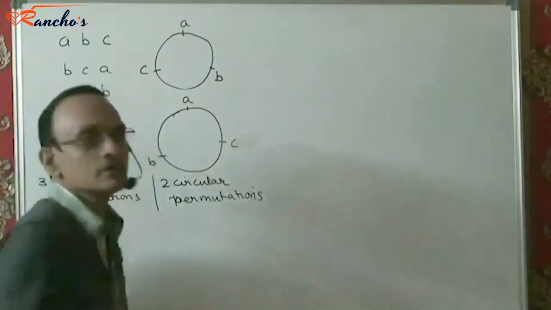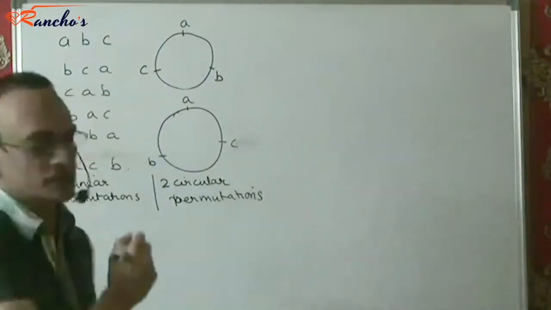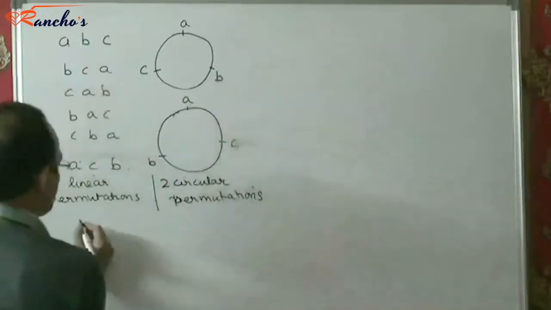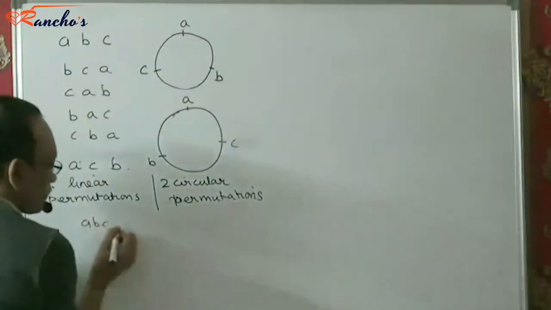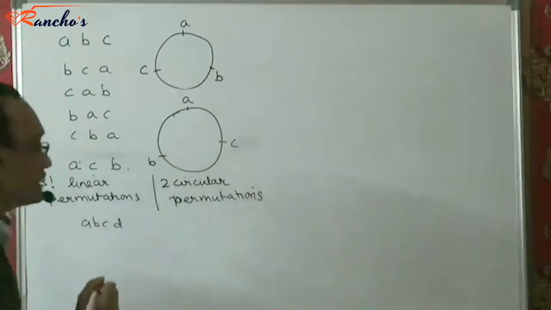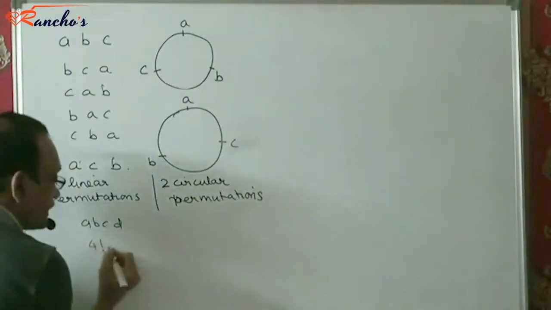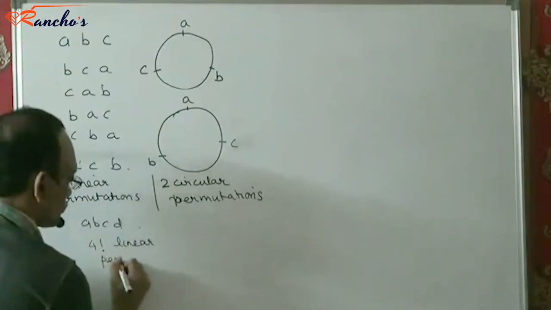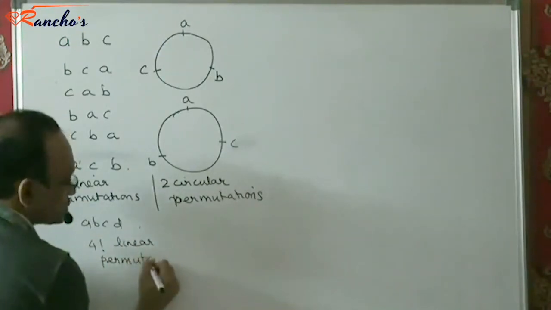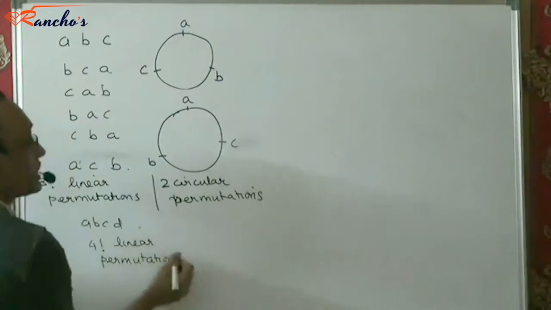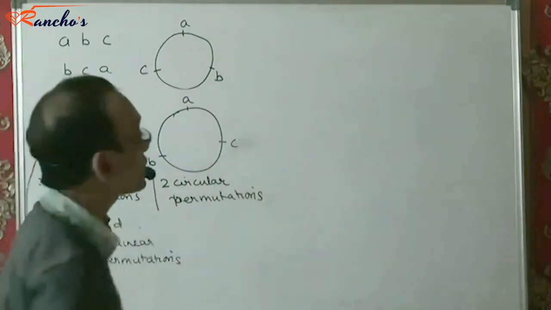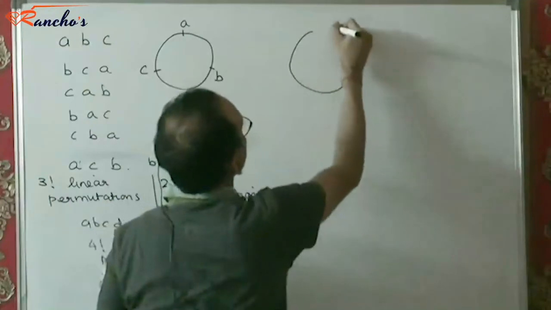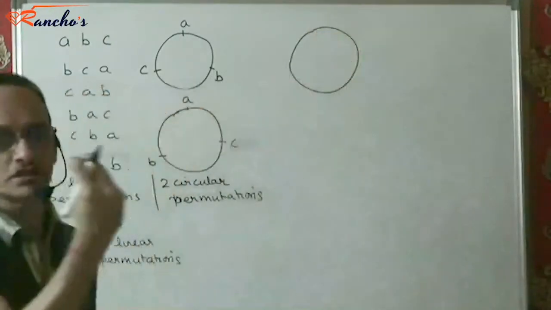Now suppose instead of 3 things, I had 4 things, ABCD. Then there would be 4 factorial linear permutations. Let's see how many circular permutations. What we do here is we start by fixing A somewhere on the circle.